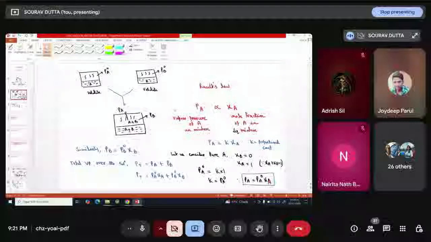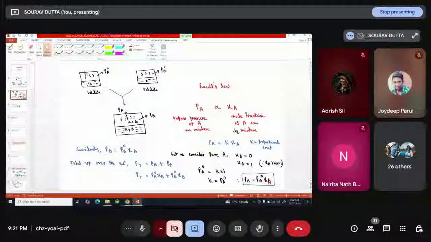Good question. I said a little earlier that in the pure state the vapor pressure of A is PA naught, and in the pure B, if pure B is present in your medium, suppose A and B both are liquids, A present separately has PA naught and B present separately has PB naught. And as it is for any liquid, if it is a volatile liquid, then some vapor will form. So if vapor forms, there must be some vapor pressure.